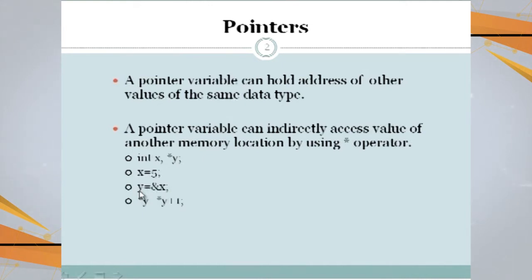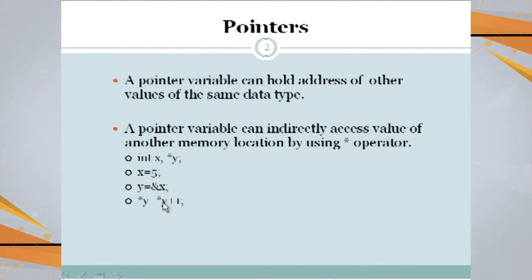Once you initialized pointer variable with the address of another variable, then you can access the value at that memory location by using pointer mechanism. In this statement, *y is pointing the value at address held by y.